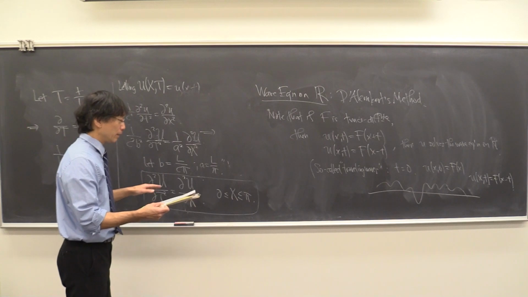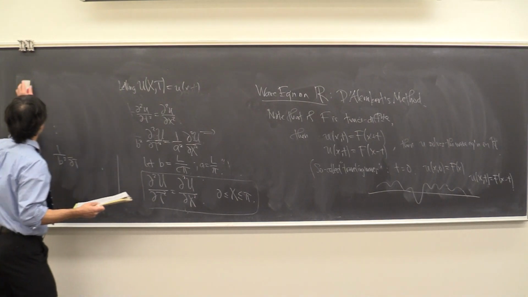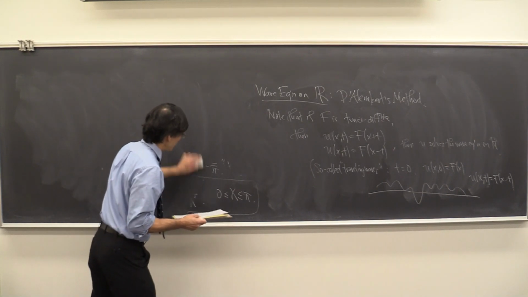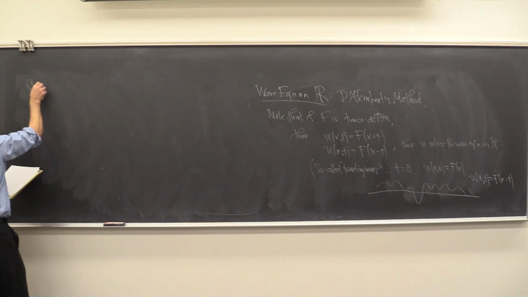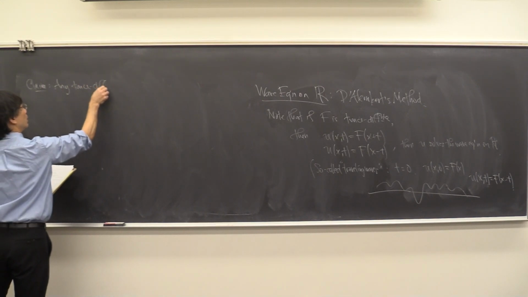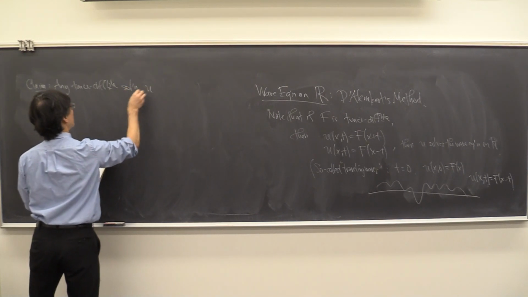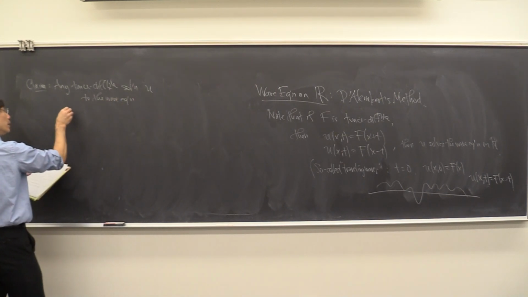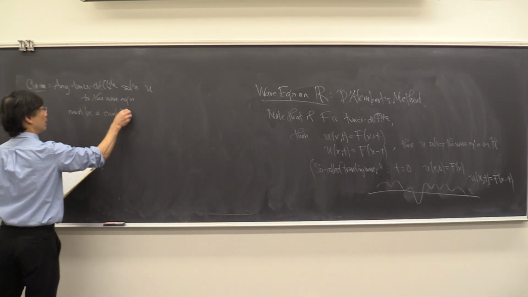The interesting thing is that, well, there are a lot of interesting things, but one interesting thing is that, in fact, claim: any twice-differentiable solution u to the wave equation must be a combination of traveling waves.